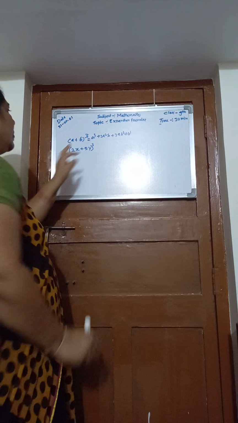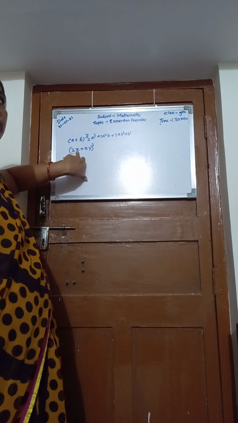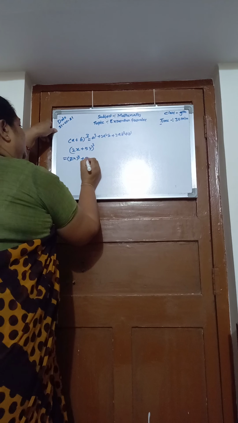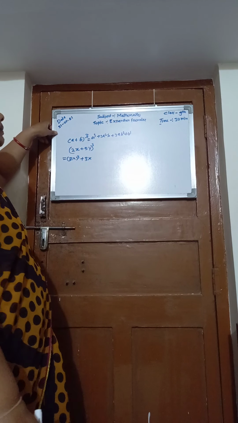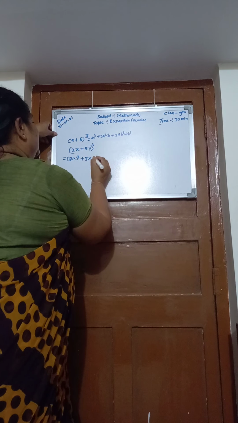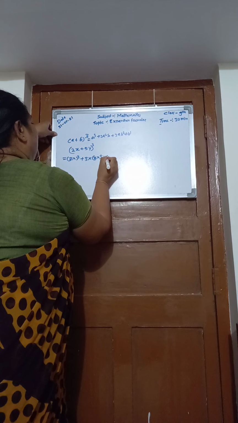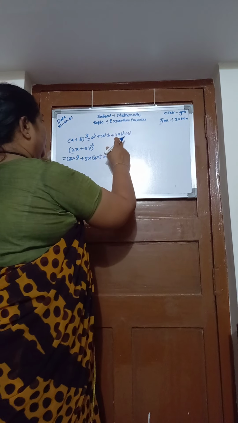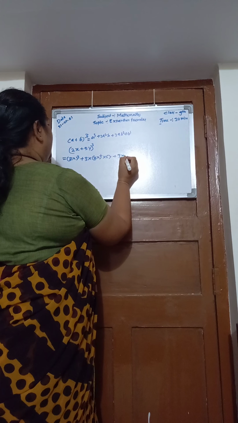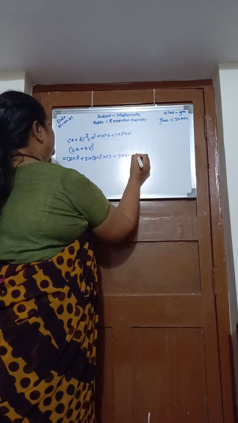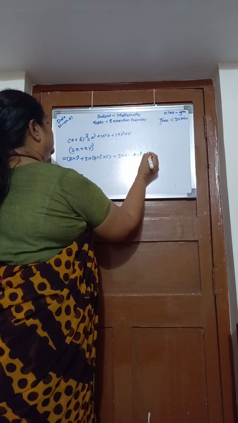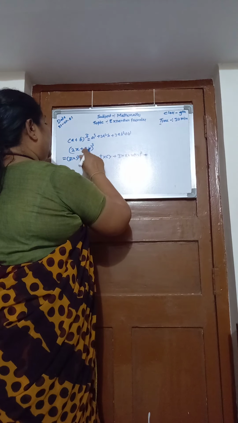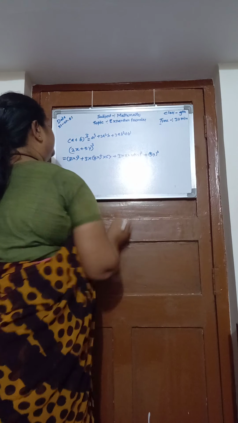First is a cube, a cube means (2x) whole cube, plus 3 into a square b, that is a is 2x, so (2x) square into 5y, b means 5y, plus 3ab square, that is 3 into a means 2x into b square means (5y) square, plus b cube, that is b is 5y whole cube. Calculate it.